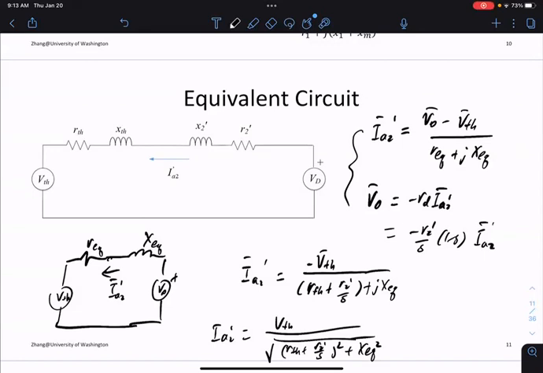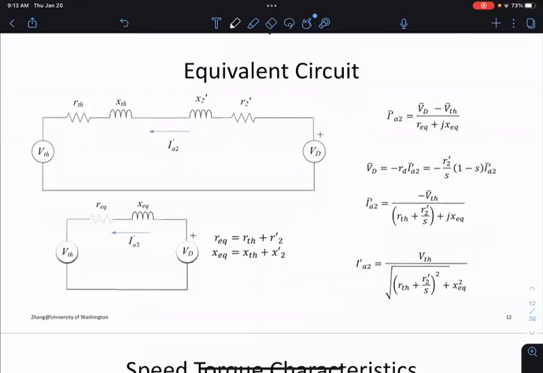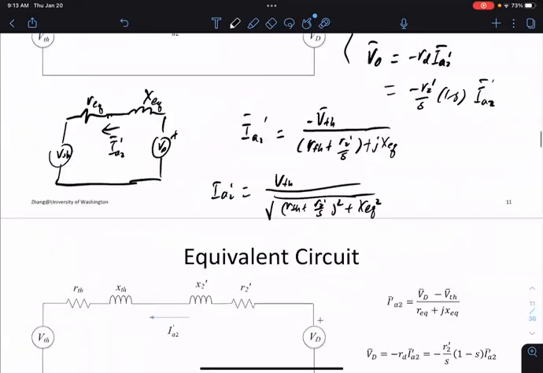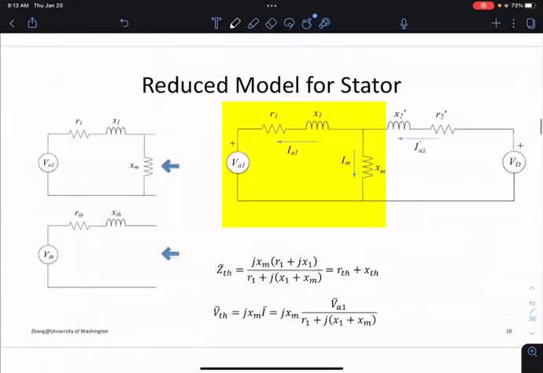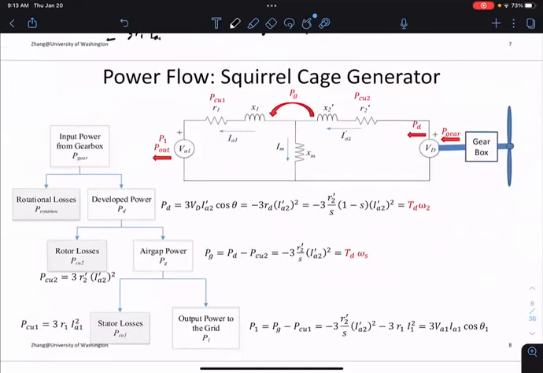So let's be careful with this equation. Okay, so this is our current calculation after the equivalent circuit. Once you get to the current, then all these equations can be computed, because they depend on the slip and they depend on the current. So once you figure out the current, you can figure out all these numbers and how they relate to each other.